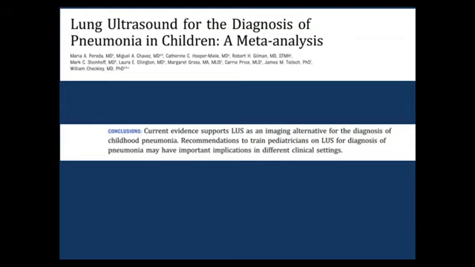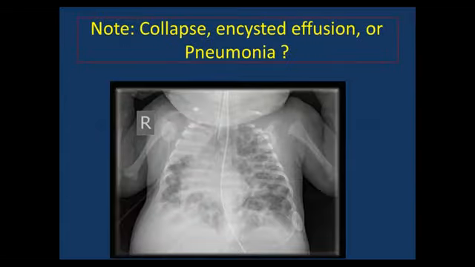I can also add from my experience that it is much easier to differentiate collapse from pneumonia by ultrasound compared to X-rays. For example, this infant, an ex-preterm 23-weeker on high frequency ventilation, developed significant chronic lung changes, and then you have this area here which could be collapse or pneumonia.